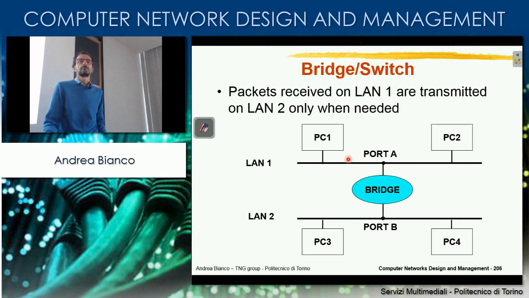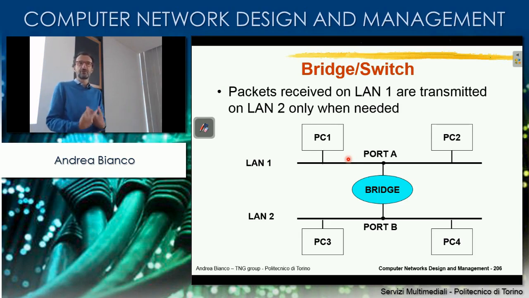So if we have multicast or broadcast, in any case, the bridge will forward on port B, whatever it is. Absolutely yes, because remember, bridges and switches should be transparent. It means that you will have the same behavior as if you had a single segment. Since when you send a multicast or broadcast packet in a single segment, everybody gets it, you must ensure that in your switched LAN the same behavior happens.